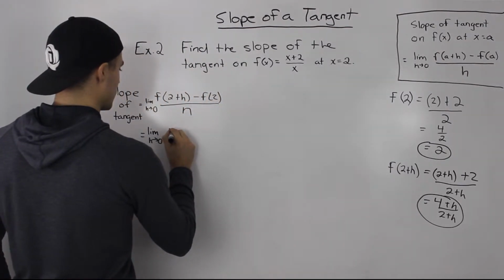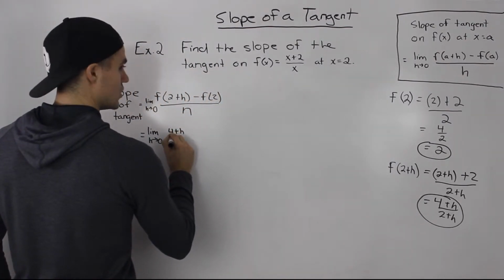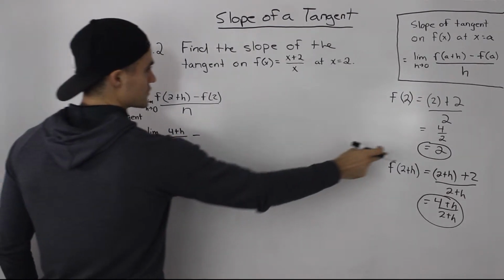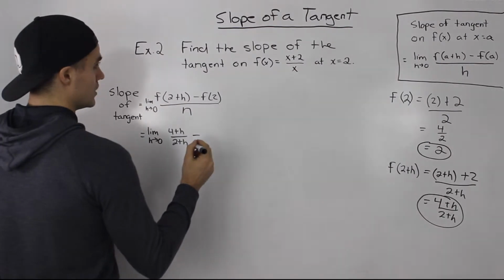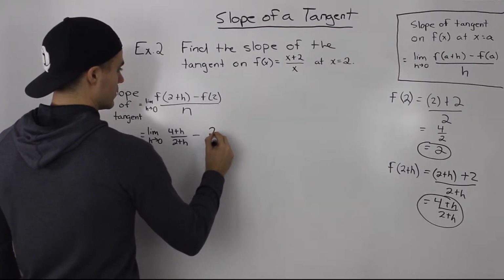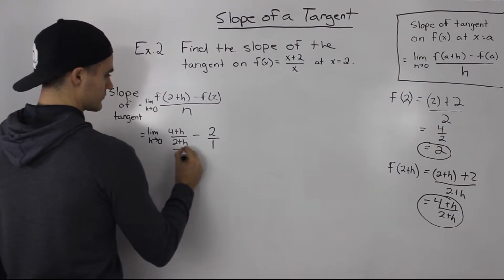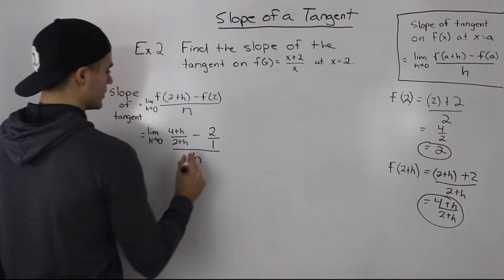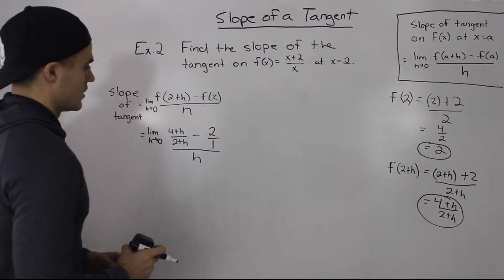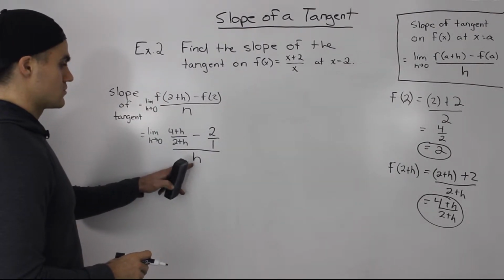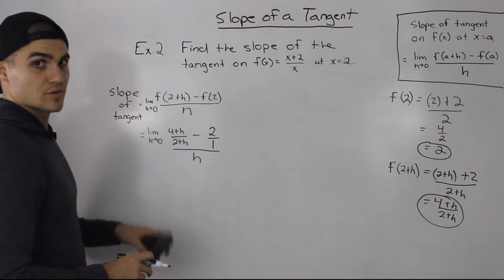So it's 4 plus h over 2 plus h minus f of 2, which is just 2. So let's put a 2 here. Let's actually put it over 1. And that's going to be all over h. And remember what our goal is here. Our goal is to be able to cancel out this h from the denominator.